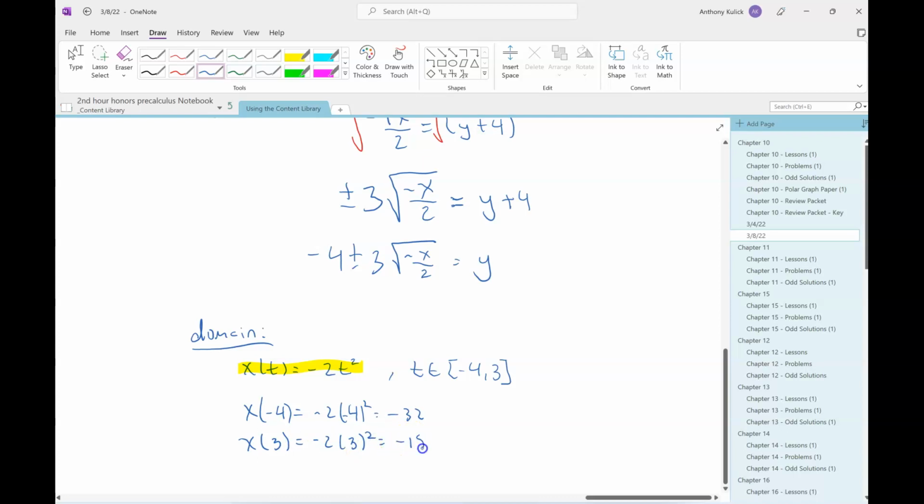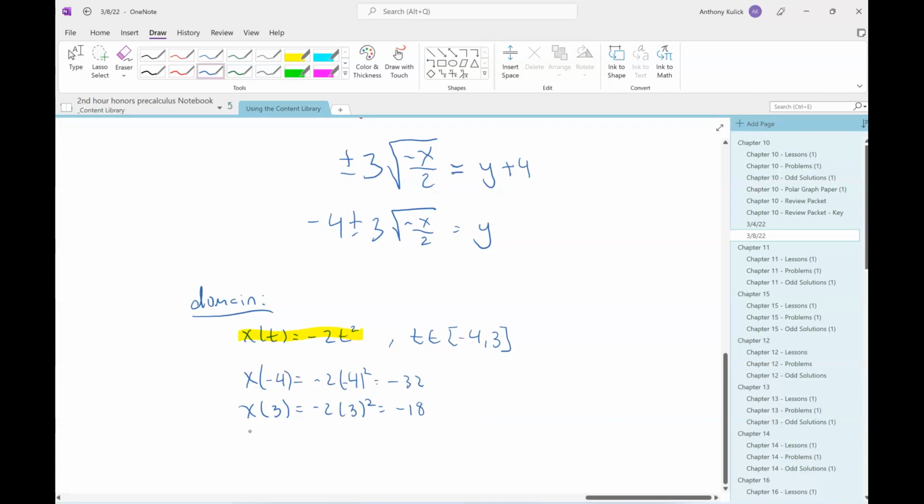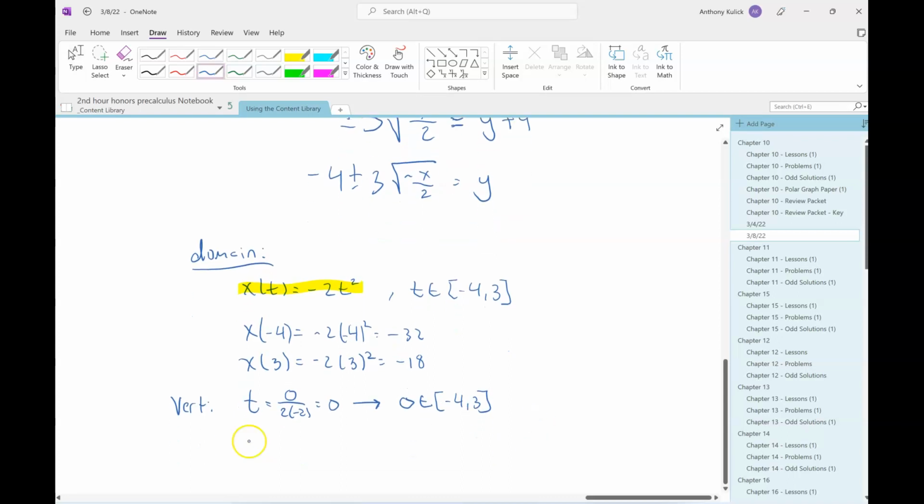and then negative 18, and then my vertex is going to be 0 divided by 2 times negative 2. So that's 0 is the t coordinate for the vertex. And I notice that, yes, that is inside the interval for my parameter, so I do care about the vertex here.